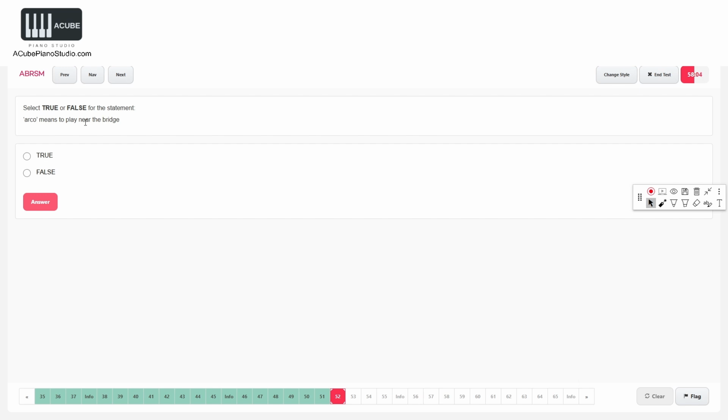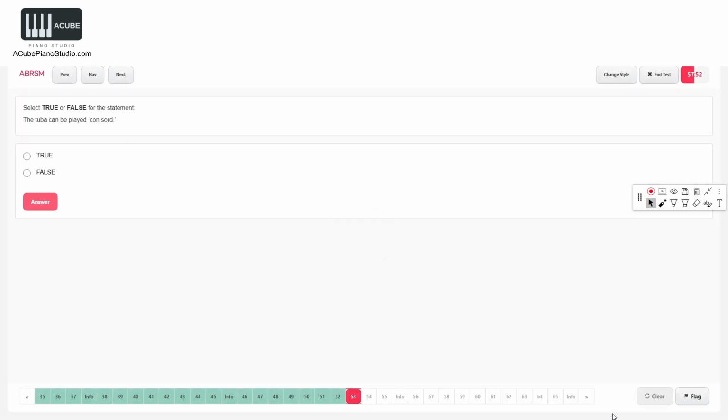Next, arco means to play near the bridge. No, arco doesn't mean to play near the bridge. Arco means to use the bow. So it's false. Okay. The tuba can play concert pitch. The answer is true. Yes, it can.